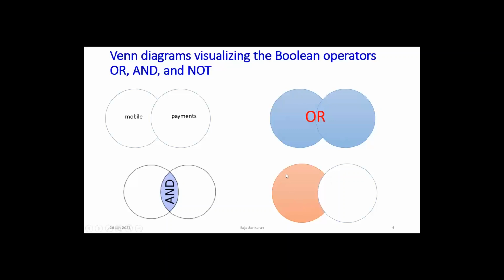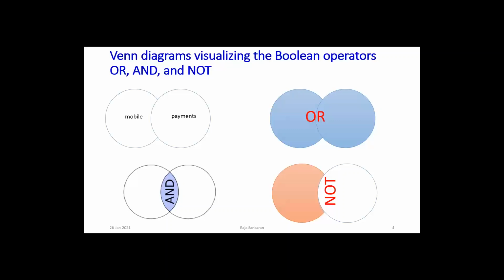The one which is colored represents the papers related to mobile, not payments. I hope that's clear to everyone with respect to the very basics of the Boolean operators that we commonly use: OR, AND, and NOT.